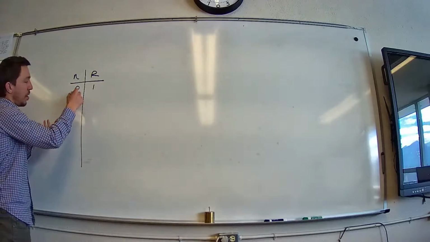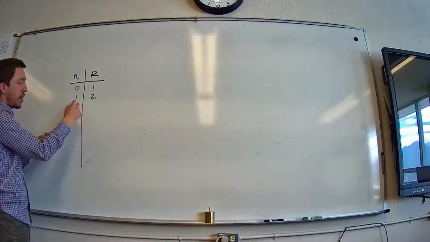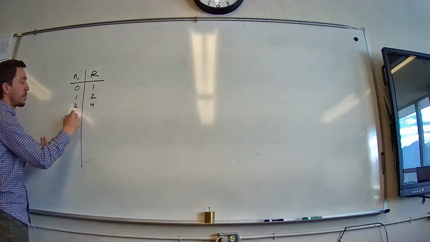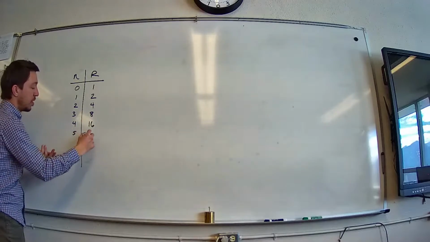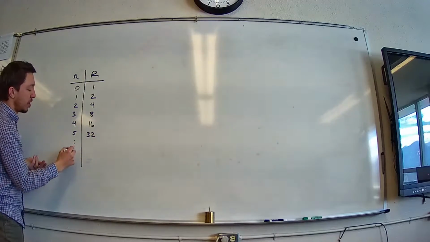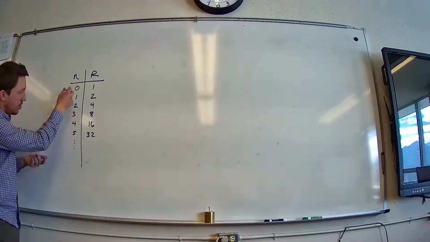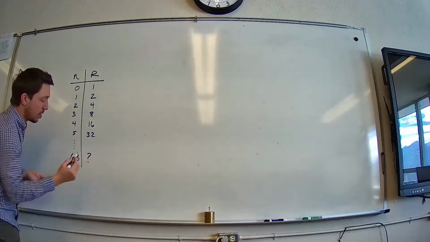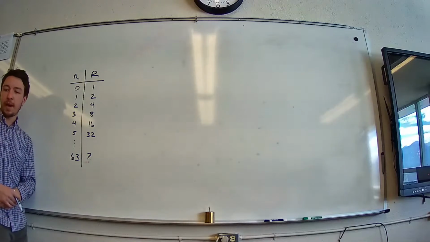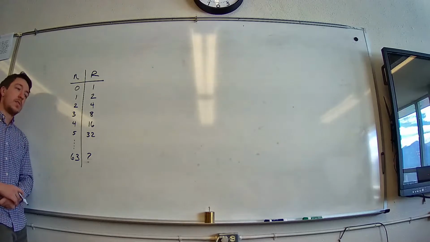Then square 1 has 2 grains of rice, and then square 2 has 4, then 8, 16, 32. There are 64 squares, so I would end on the 63rd. How much rice is going to be on that square?